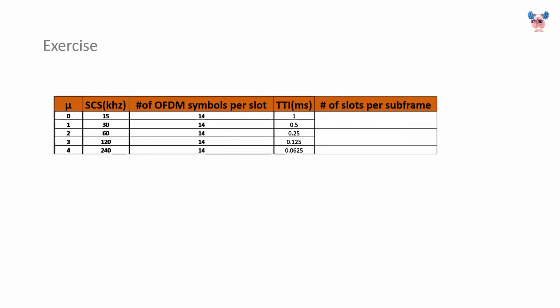What about the number of slots per subframe? Correct, thank you guys for giving the right answer. The number of slots per subframe will be 1, 2, 4, 8, and 16.